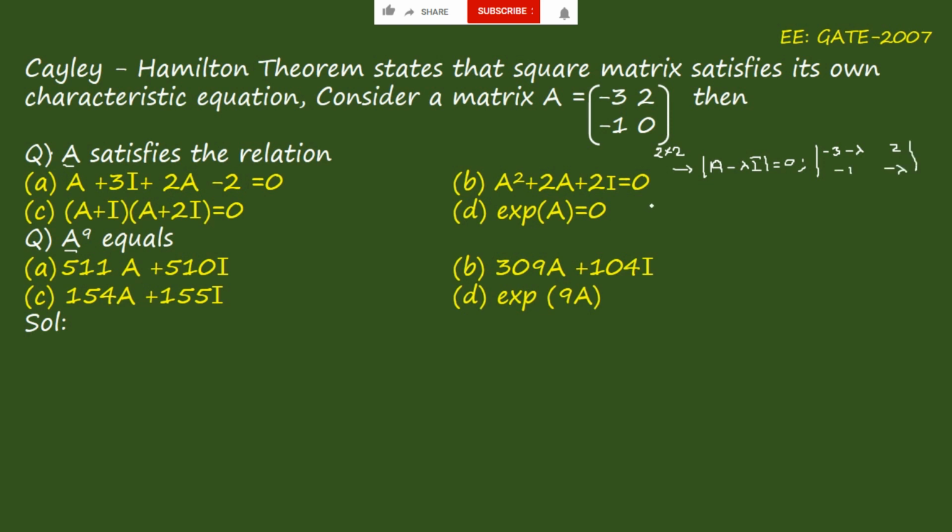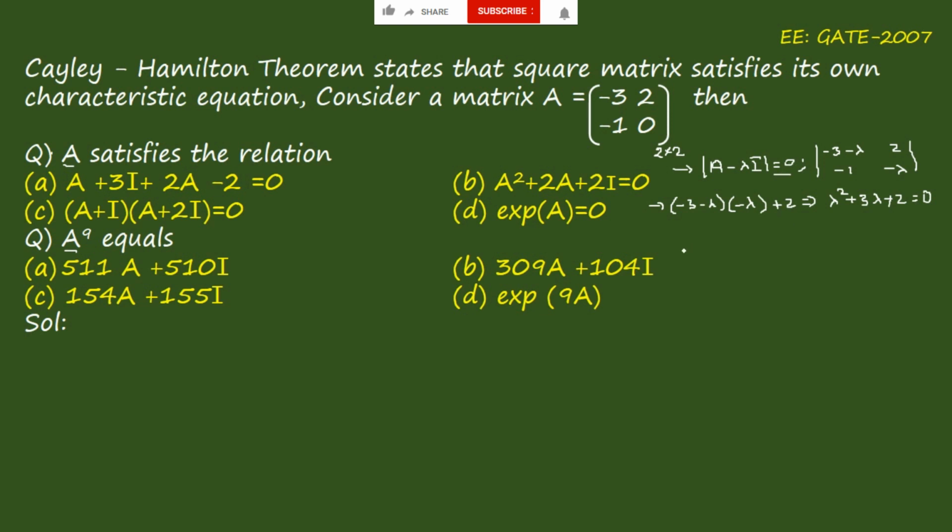Find the determinant of this one. So it becomes minus 3 minus lambda into minus lambda, plus 2, which becomes lambda square plus 3 lambda plus 2, which is equal to 0, right?